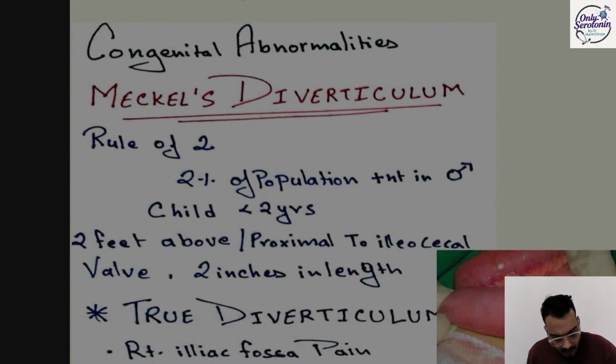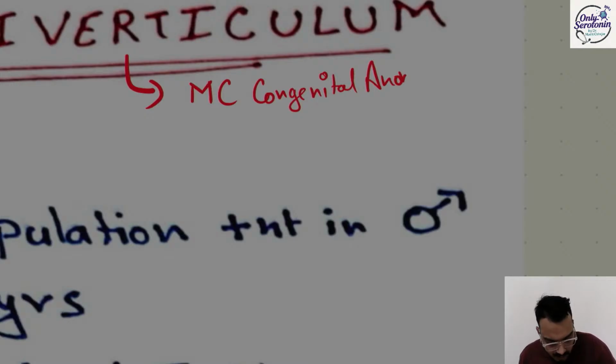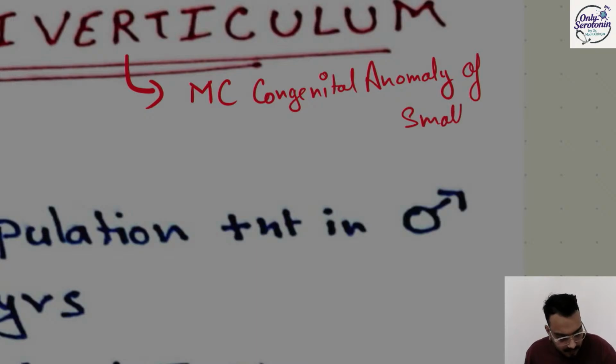This Meckel's diverticulum is the most common congenital anomaly of small intestine.